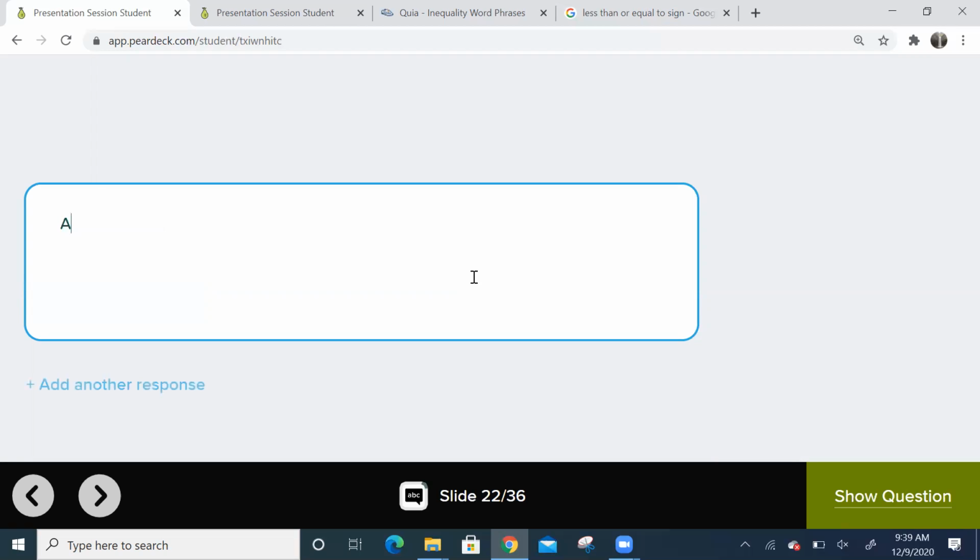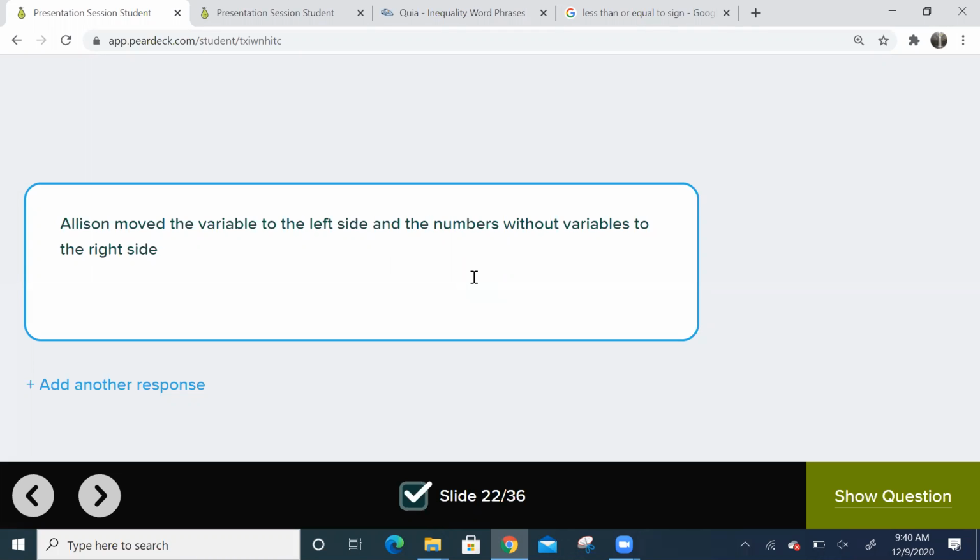So Allison moved the variables to the left side and the numbers without variables to the right side. That's how you solve it: all the variables to the left side, all the numbers without variables to the right side.